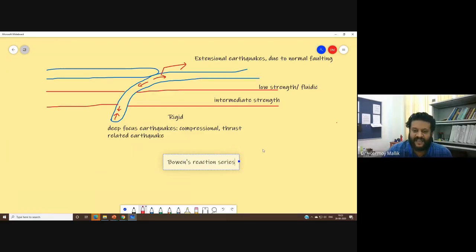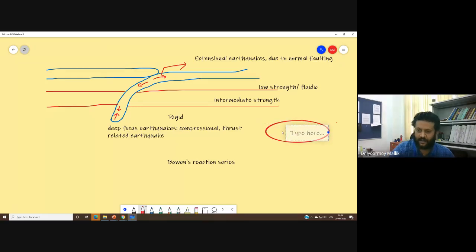So what Bowen's reaction series actually shows is that if I have a magma which has all sorts of minerals, I mean, potential minerals, it has Mg, Si, Fe, everything present there, right?